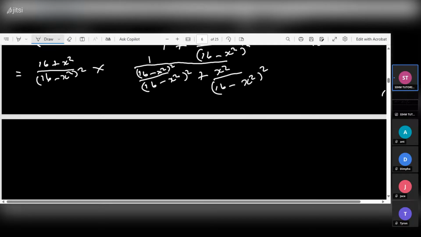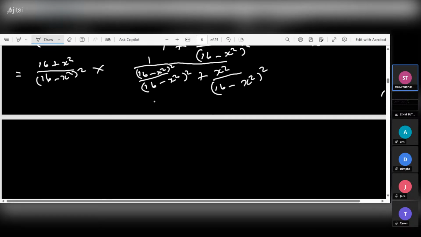Thank you, Jace. So, as I was explaining here, I'm also going to keep this. Remember, this is the derivative of the inverse of tan, and then this is going to be (16 minus x squared) all squared, and then here I'm going to try to make this simpler.